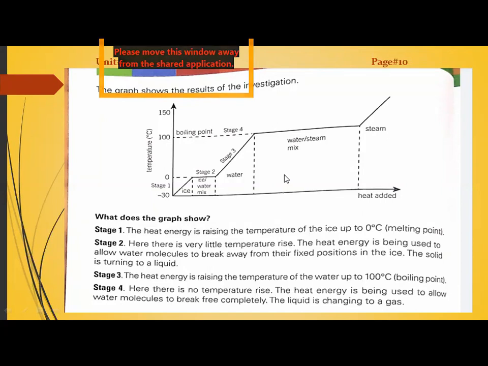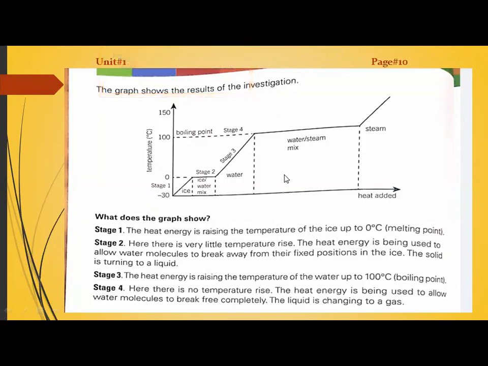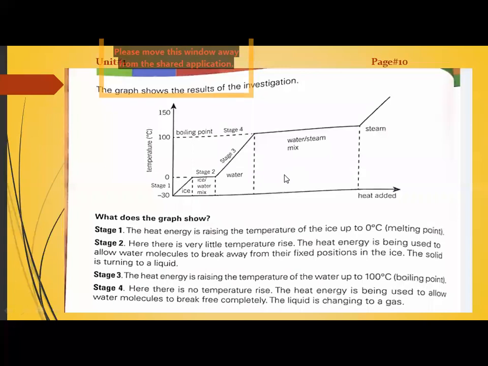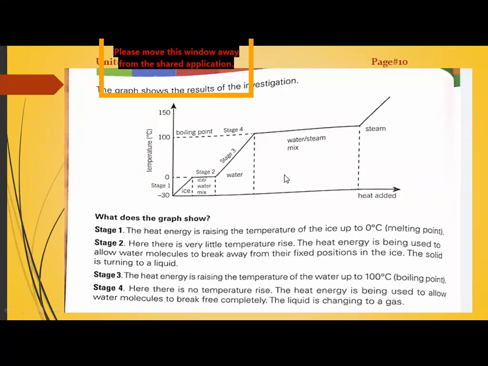When it reaches 100 degrees centigrade, it will start boiling, steam will come out from the water, and the temperature will stay at 100 until almost all the water molecules are converted into steam. That is the temperature difference between the different states of matter, from ice into water into steam.